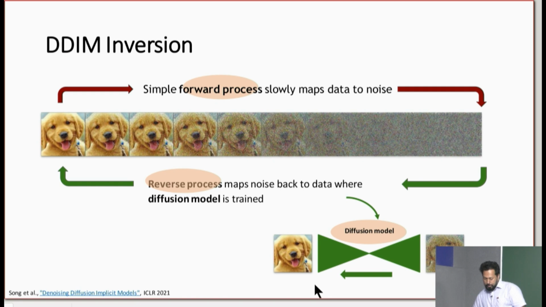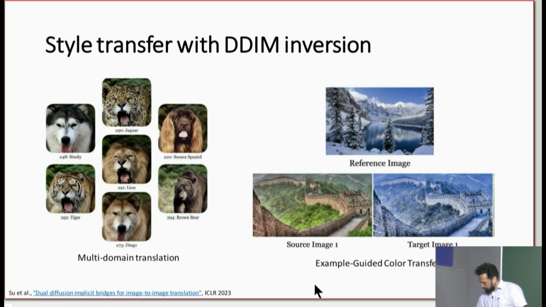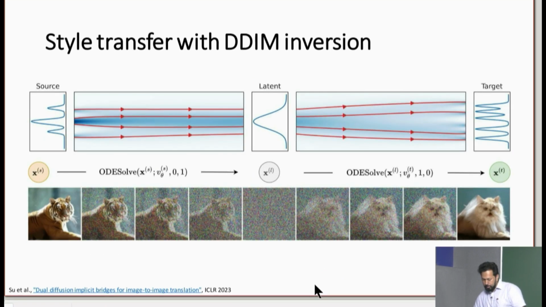Yeah, and there is also the DDIM inversion method that was proposed, and that also helps with latent space embedding. So it can go from the style of this tiger to generate the style of the cat. Obviously you have to give the class condition cat as well, and this image is getting mapped to some noise, right?